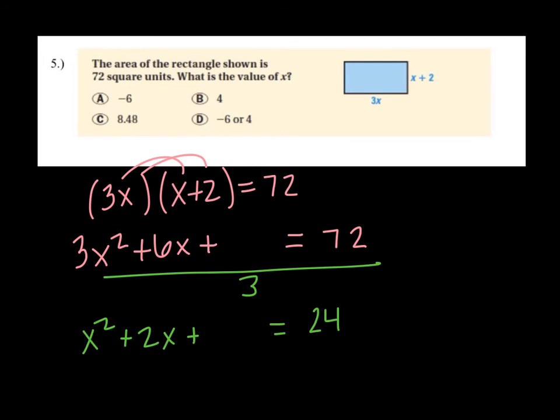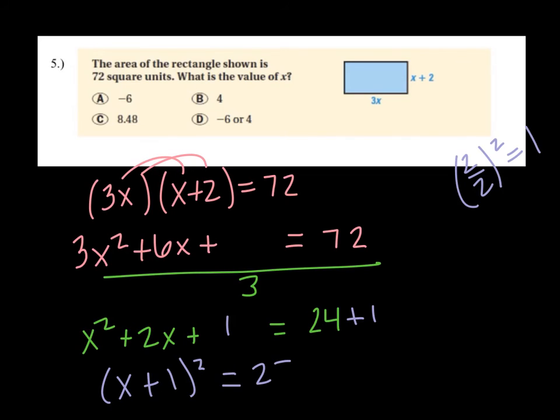So now, take that middle term of 2, say 2 divided by 2 squared equals 1. 1 squared is 1. So that's what we want to add to both sides. And then rewrite the left as a squared binomial. And now we can take the square root of both sides.